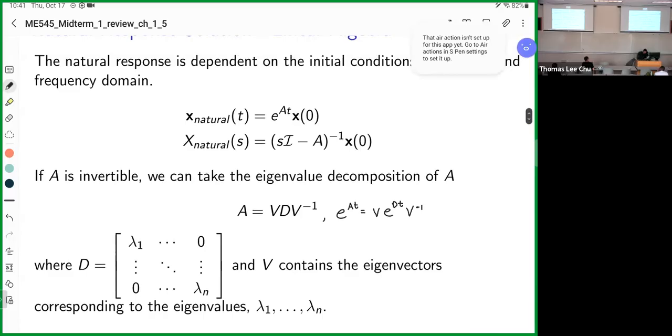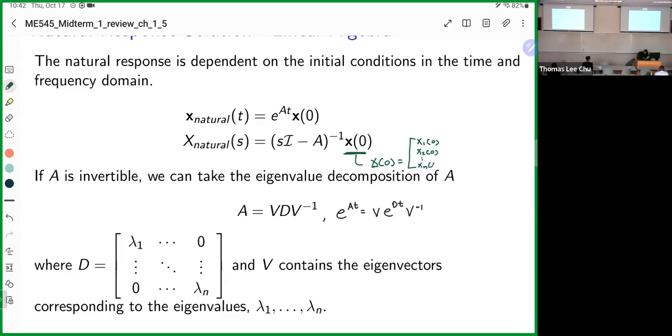One thing to note is that even though the frequency domain is in the S domain, we still have our initial conditions here, which are in the time domain, but these are just constants. It's like x naught, x of 0, is equal to x1 of 0, x2 of 0, all the way to xn of 0.